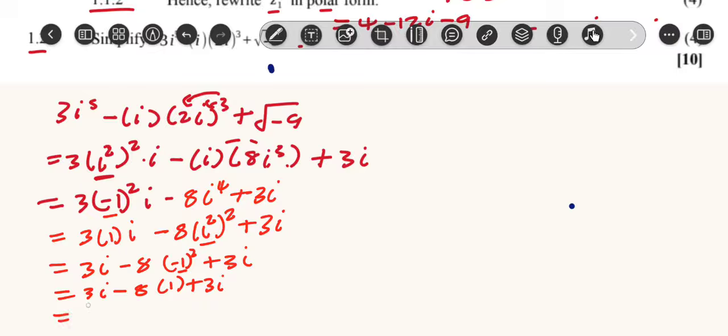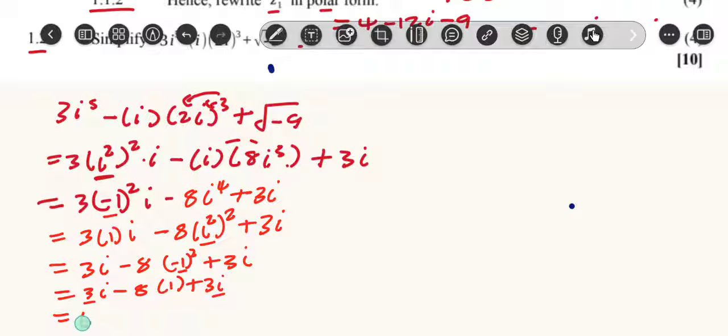Let's just add this, since like terms can be added.